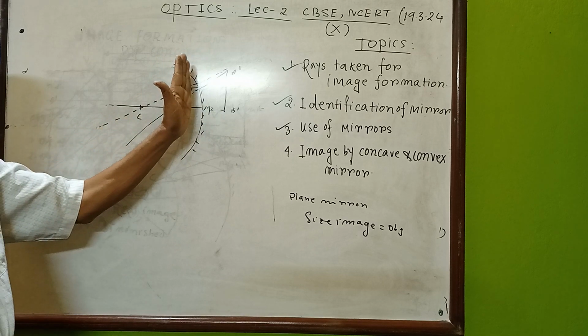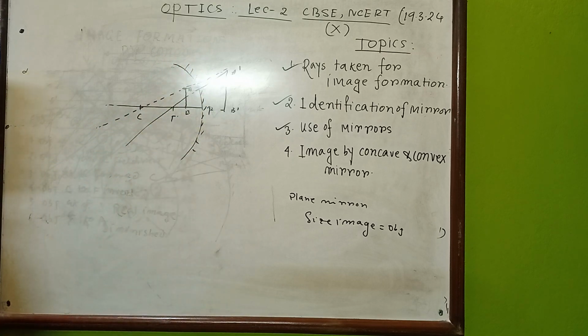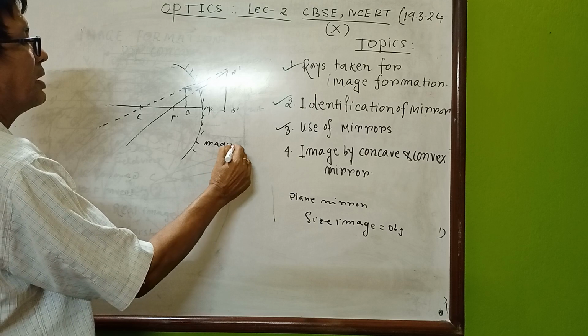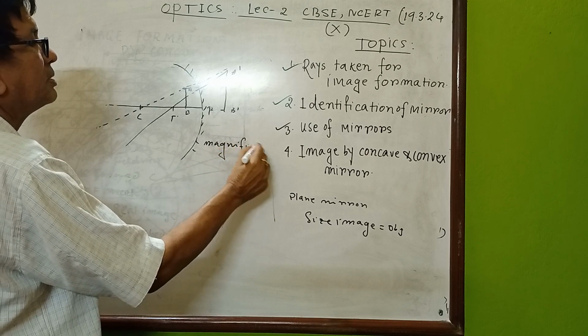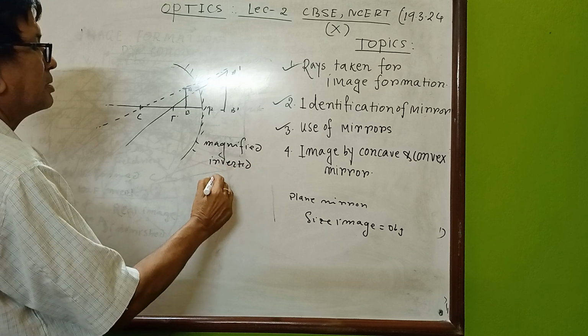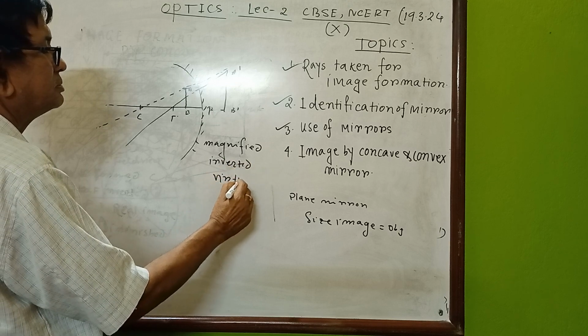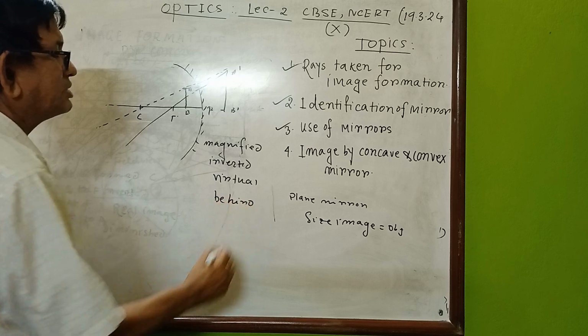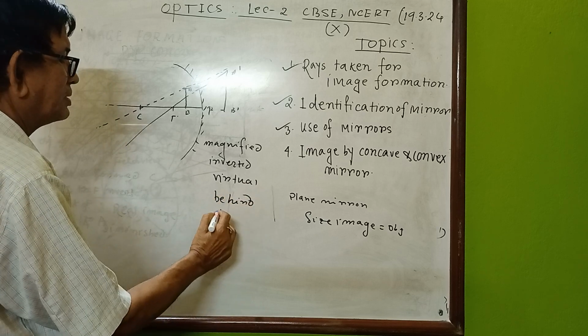The virtual image is obtained behind the mirror, not the same size as the object. We are getting a magnified, erect, virtual image behind the mirror. This principle is used as a shaving mirror.